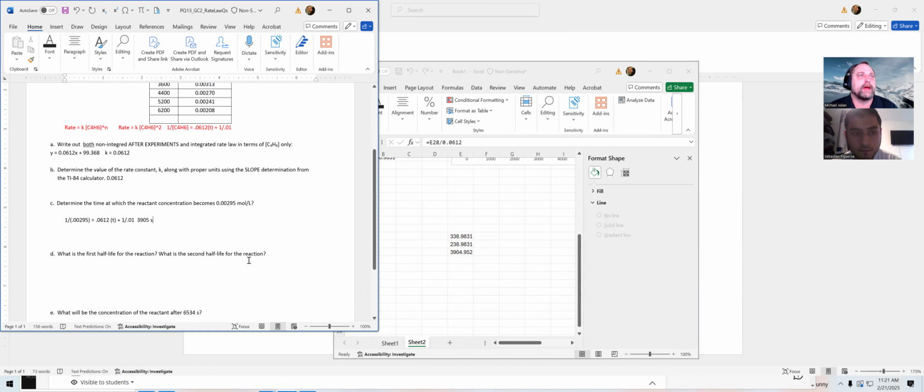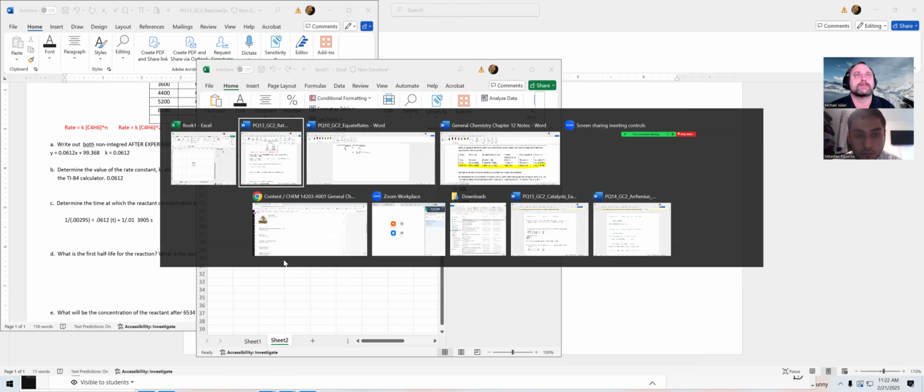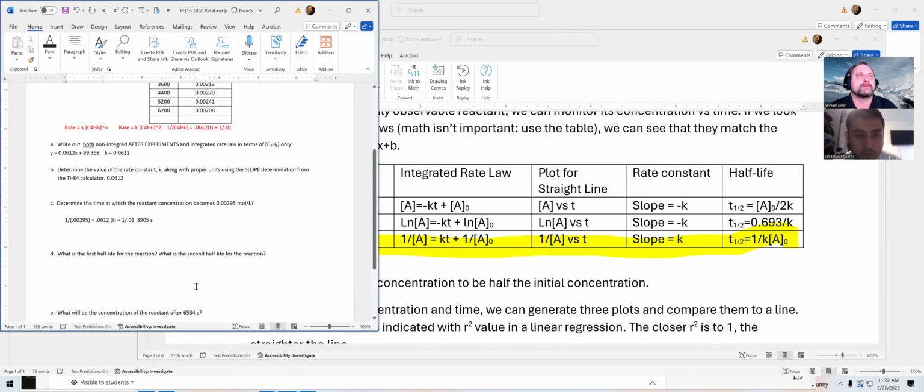Then it asks for the first half-life and the second half-life. So since this is second order, I'm going to come over to my table. And half-life is given as 1 over K times the initial. And so when I'm doing this, the T here is 1 over, and then make sure you use parentheses for this.